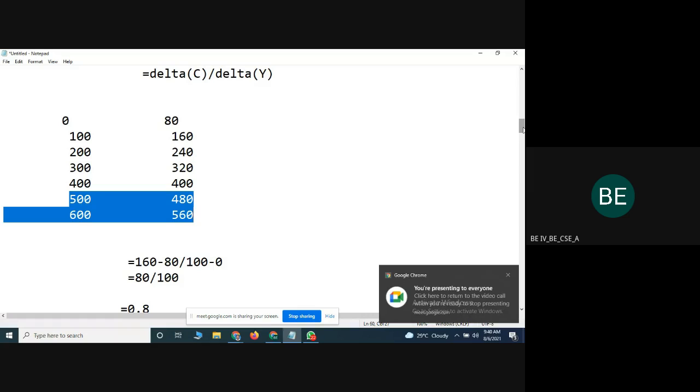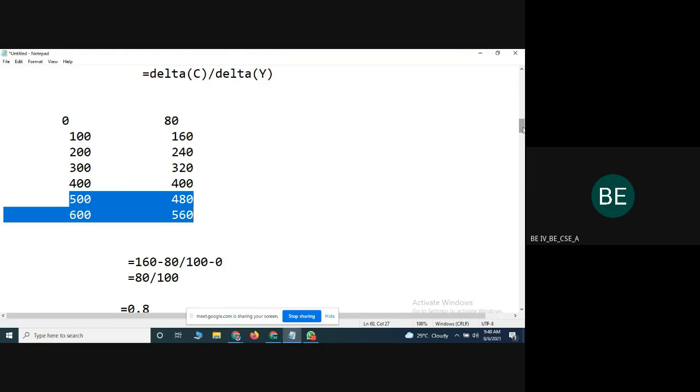Today we began with what the consumption function is. And then we saw the Keynesian law of consumption. The Keynesian law of consumption talks about how, when the person's income increases, the person's expenditure consumption also increases in parallel.